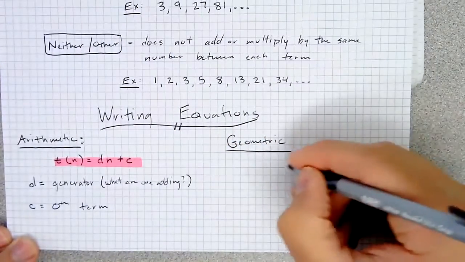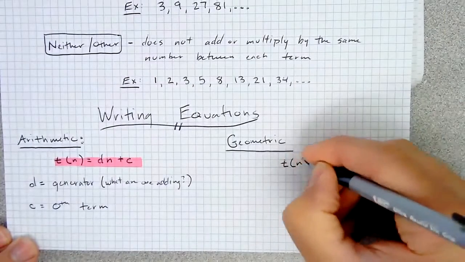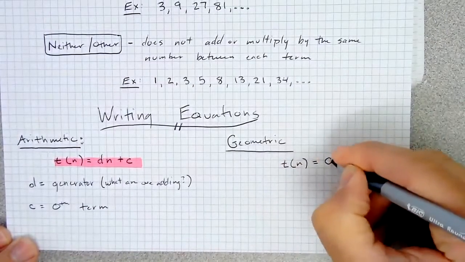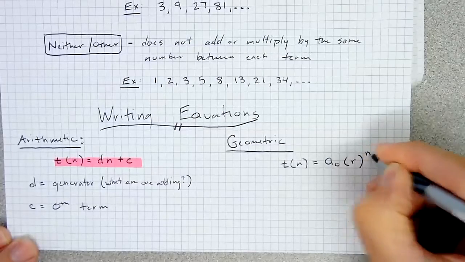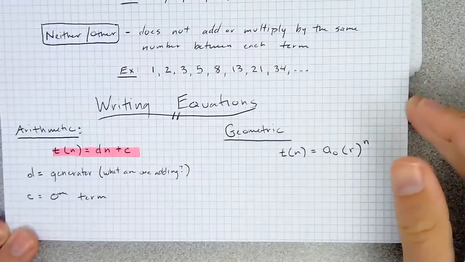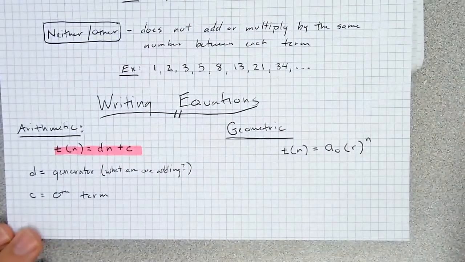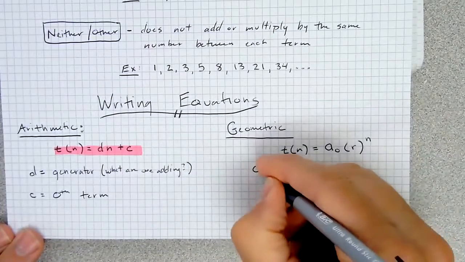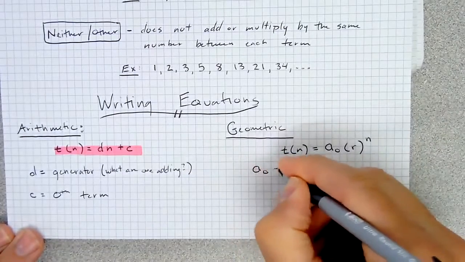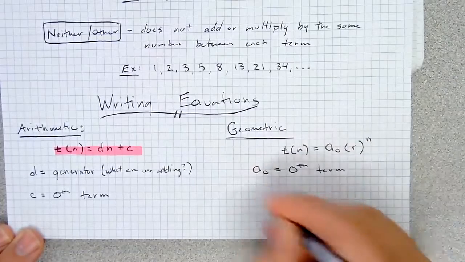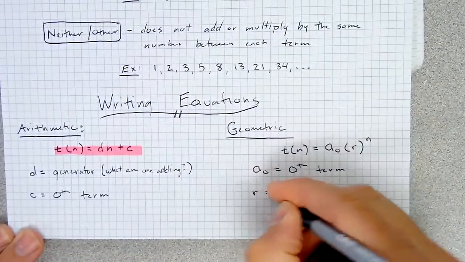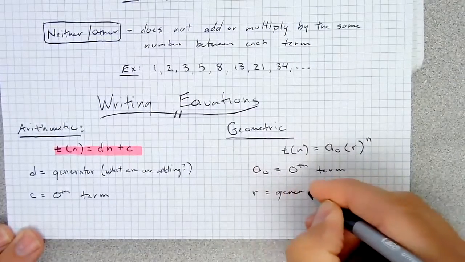Geometric sequence. A bunch of new letters too, but they mean the same thing. In this case, c is our zeroth term, and r is our generator.